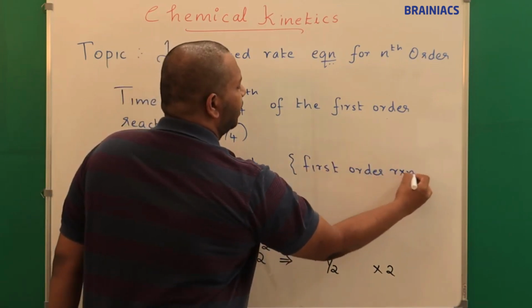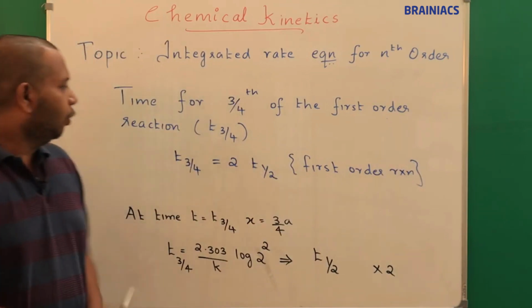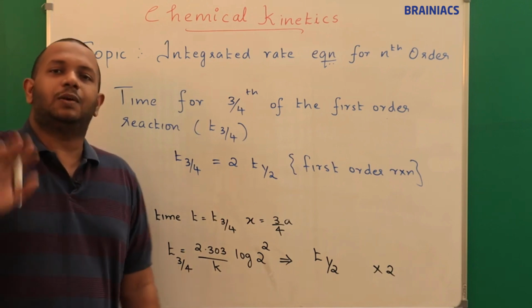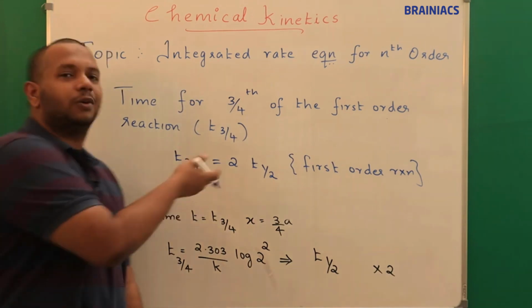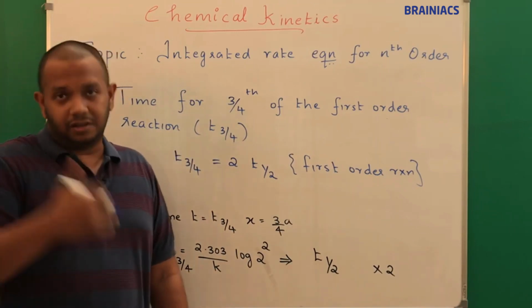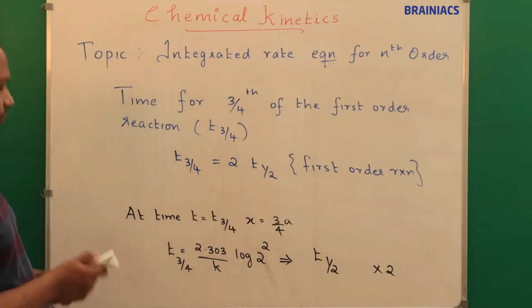We can calculate T3 by 4 in a normal way, but if you know this relation, they will be giving you T half of a reaction and ask you to calculate the T3 by 4 of that particular reaction. In that case we can easily substitute. Otherwise, a lot of time wastage will come. So that's the reason why it will be helpful for you.